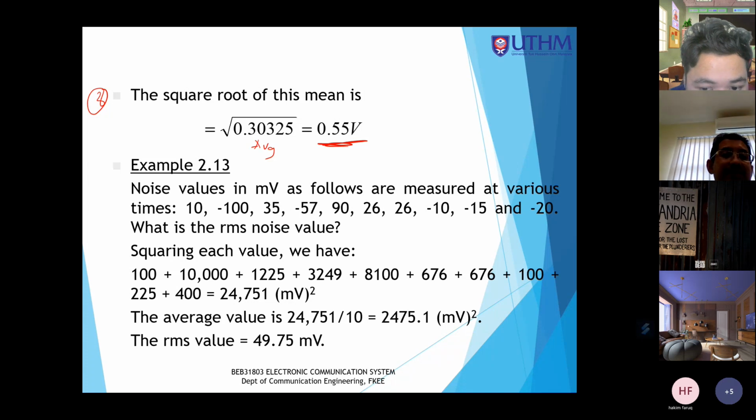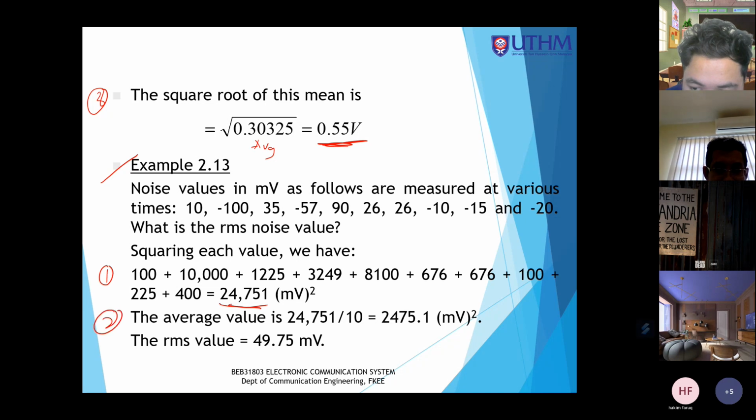Similar to the last example, you are given 10 values of noise voltage measured using the voltmeter. The first process, you find the quadratic summation. You get 24,751.